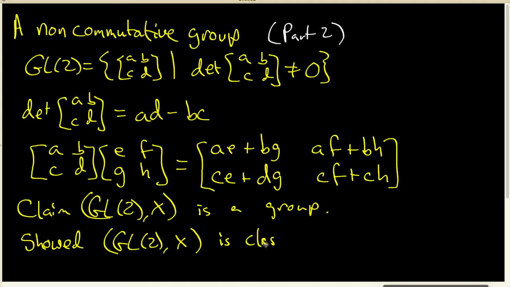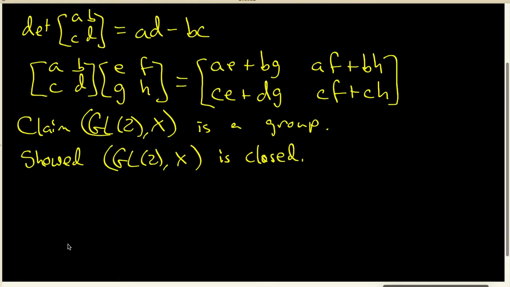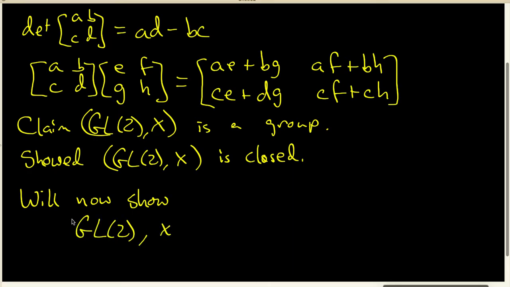In this video, we will now show that GL2, under its times, is associative. And that is, of course, the second of the 4 group axioms.